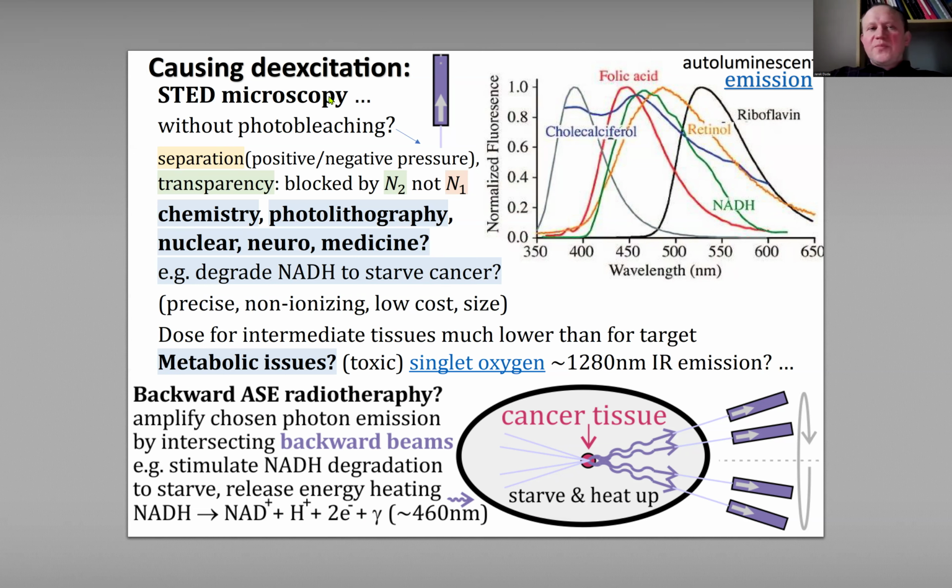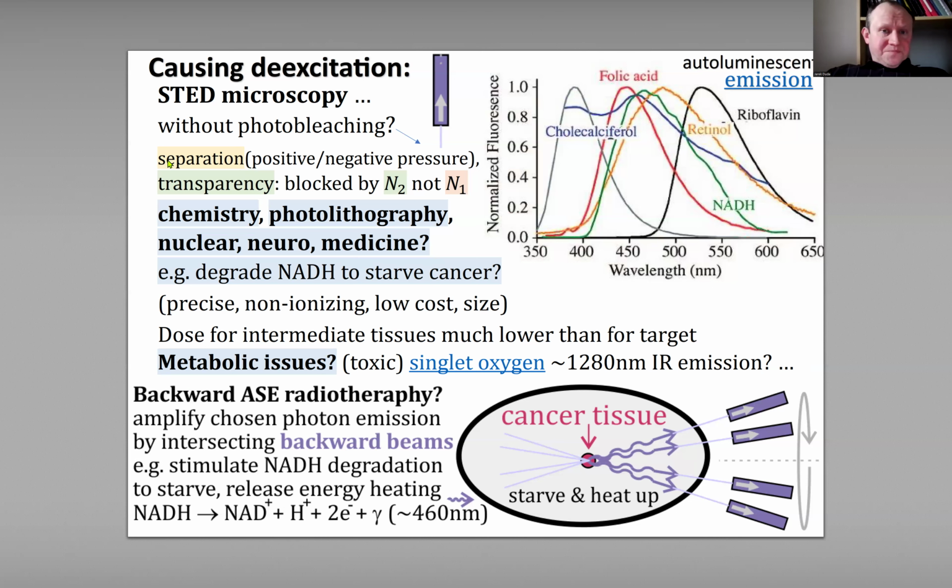The problem with STED microscopy is that it bombards with photons. But if you could pull photons with negative radiation pressure, it would be better, without this photobleaching. They complain about photobleaching, that bombarding with photons destroys the sample. So maybe by having this negative radiation pressure, we could do it instead, without photobleaching.